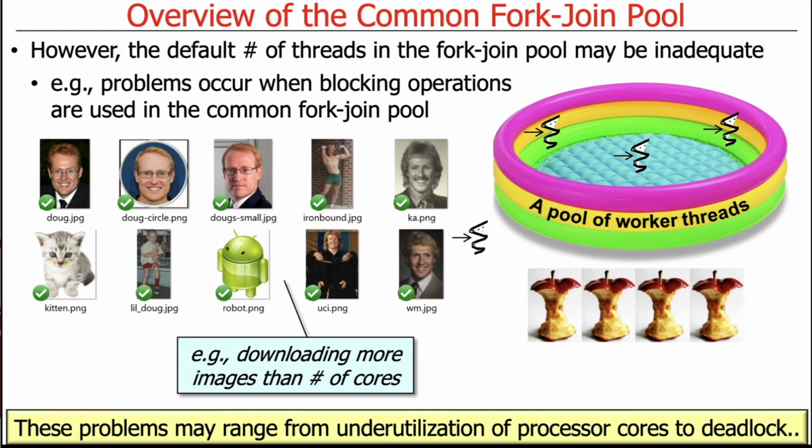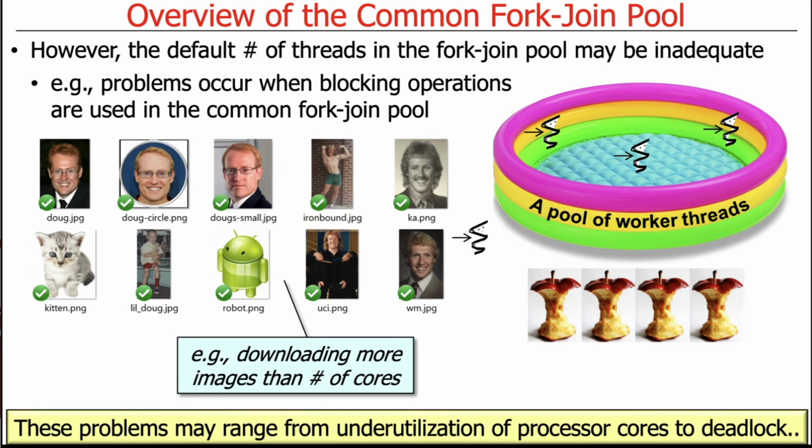Well, the problem here is that when you're doing operations that block, like downloading images, then when a thread is blocked in the pool and there's only a fixed number of threads and the number of threads is less than the number of operations you're trying to do, then even though there's other computations that could be done, you've chewed up all the threads that are available to do those computations.